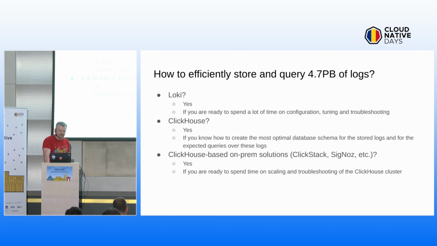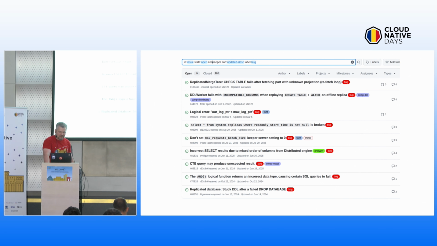Why? Because ClickHouse has not so simple configuration, and it also requires Zookeeper or ClickHouse Keeper when you scale it to multiple nodes. And Zookeeper and ClickHouse Keeper are known to be the most annoying part of a ClickHouse cluster, which usually have some issues, problems, and bugs.